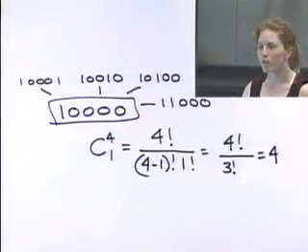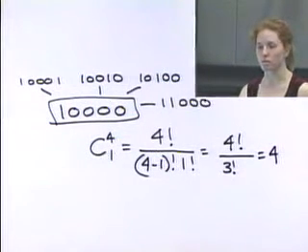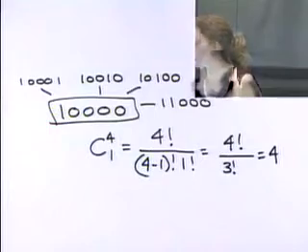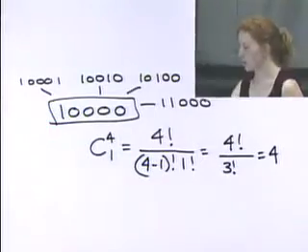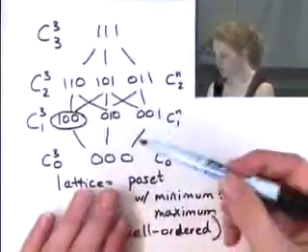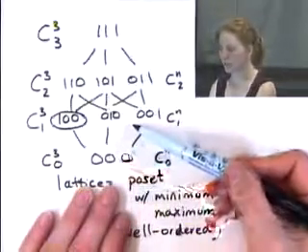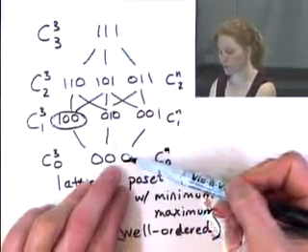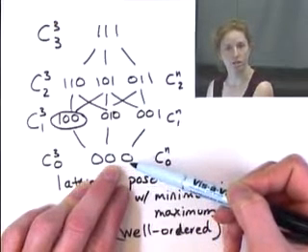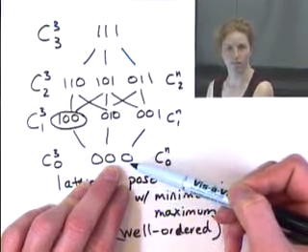So now we know the number of edges between any 2 consecutive levels, right? It's however many zeros are left, choose 1. So if we look back at this graph, in between these 2 levels, I had 3 zeros, so the number of edges from one node to the next level should be 3, because it's C(3,1), right?